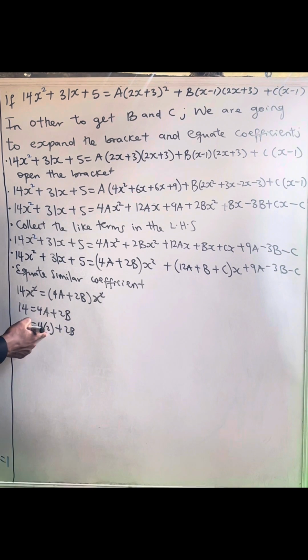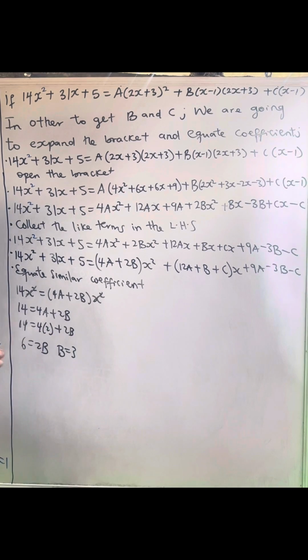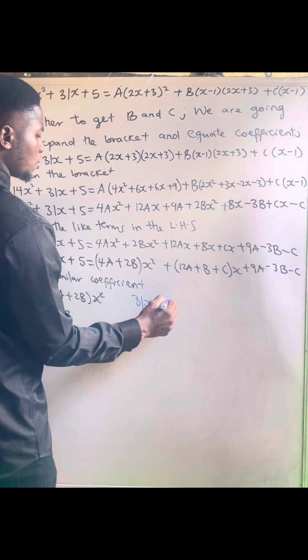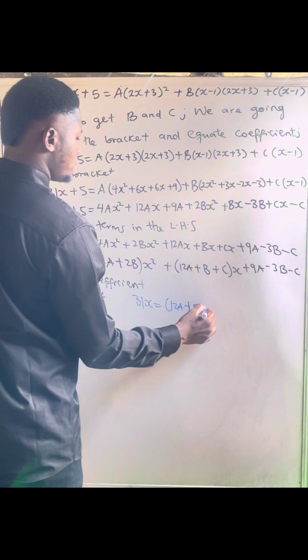You know 4 times 2 is 8. So this 8 is going to come to the other side. That will be 14 minus 8, and that equals what? 6 equals 2b. Then our b would equal 3.